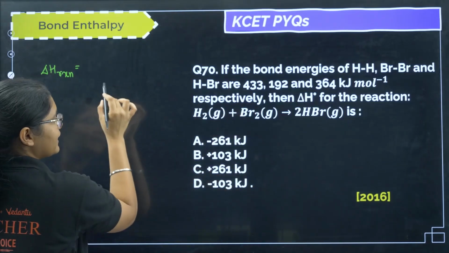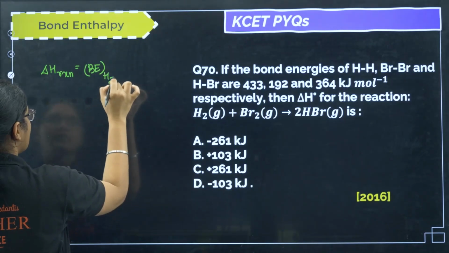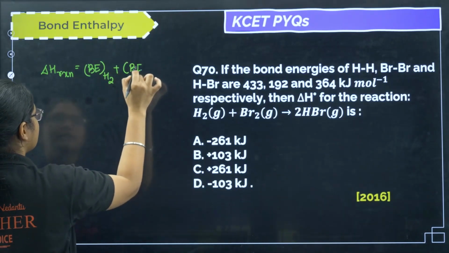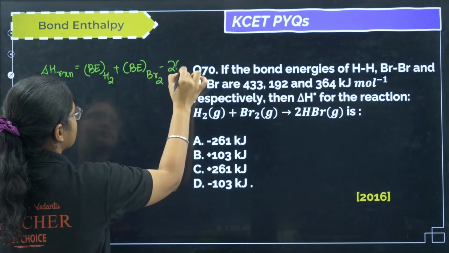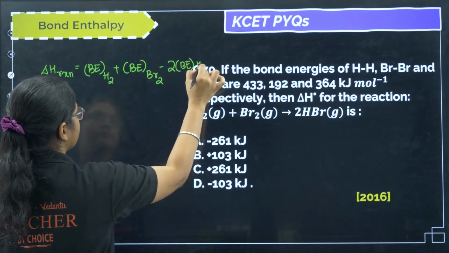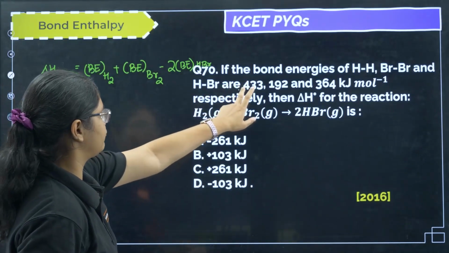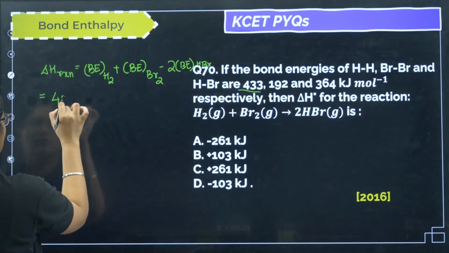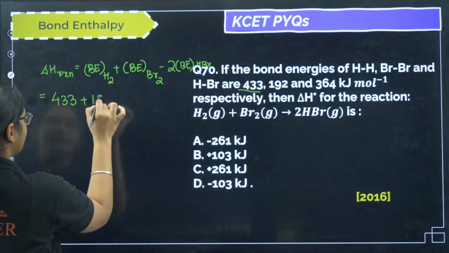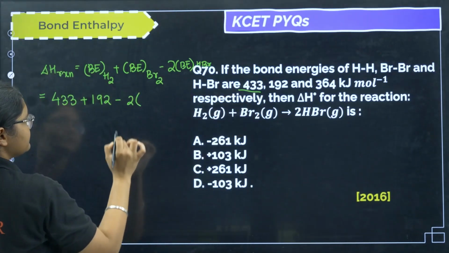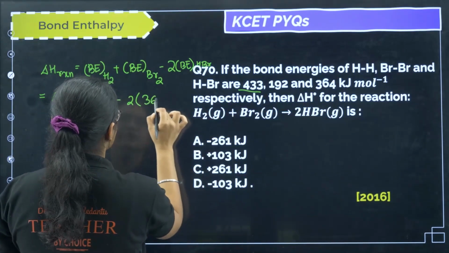So I will have here bond enthalpy of H2 plus bond enthalpy of Br2 minus 2 times bond enthalpy of HBr. Now what is the bond enthalpy of H2? 433, plus bond enthalpy of Br2, 192, minus 2 times bond enthalpy of HBr, that is 364.